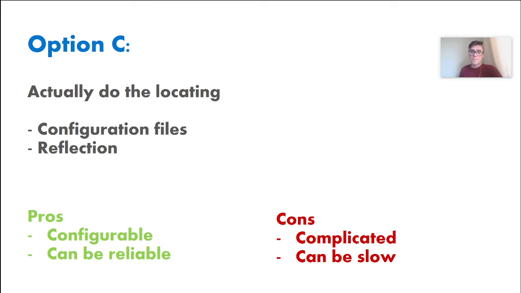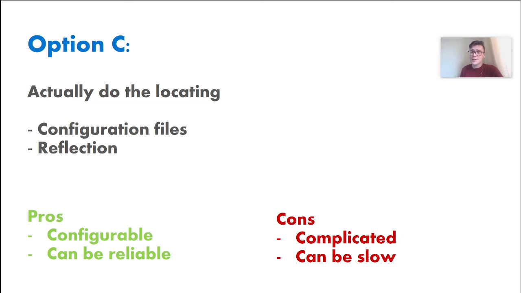And finally, our plan C is to configure it at runtime. Typically this means loading a configuration file that identifies the provider and then using reflection to instantiate that class at runtime. For us, this means we can swap out the service without recompiling.